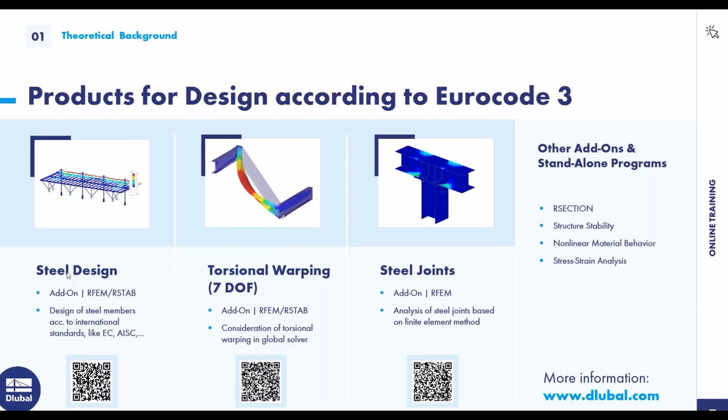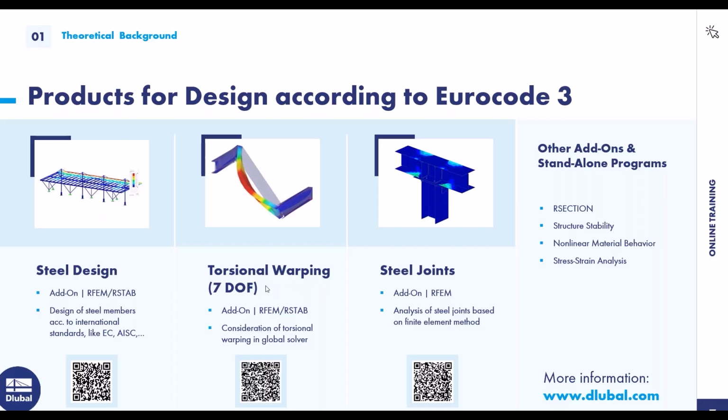The most important add-on is the steel design add-on. With that add-on, you can design steel members according to international standards like Eurocode, AISC, and so on. We design according to Eurocode today. Then there's the add-on torsional warping.